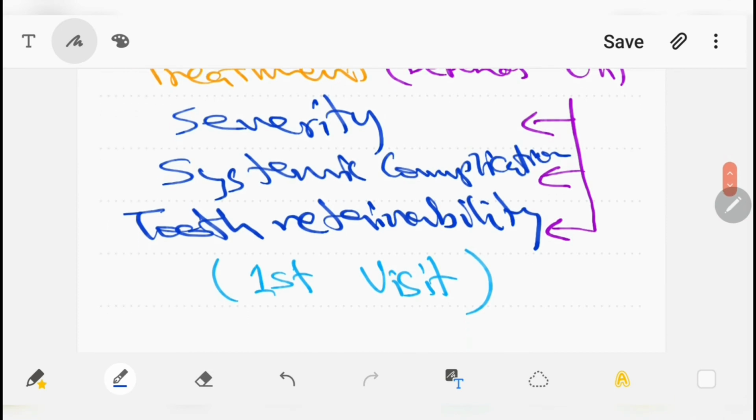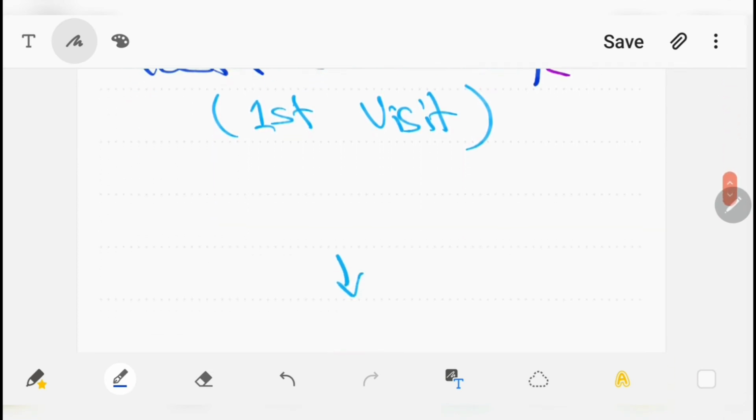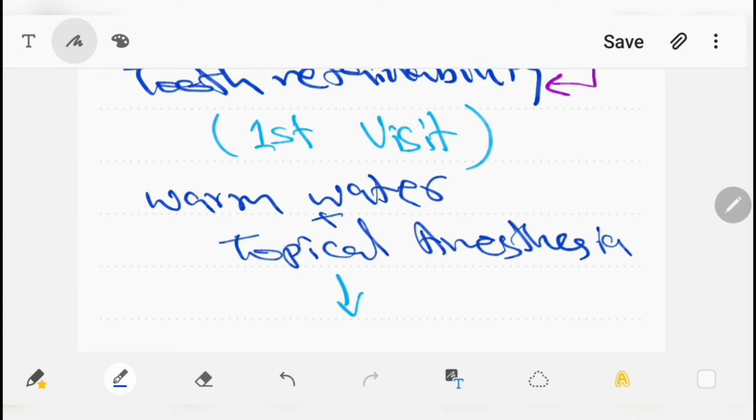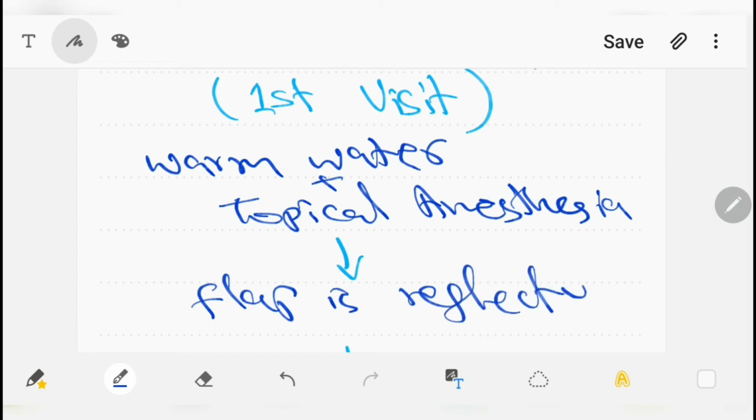The treatment of pericoronitis completes in 2 visits. In the first visit, we use warm water and topical anesthesia. Then the flap is reflected with the scaler, and the underlying debris is also removed.